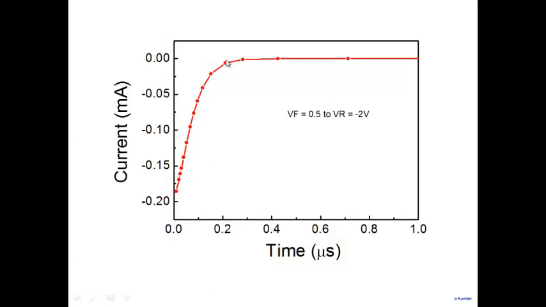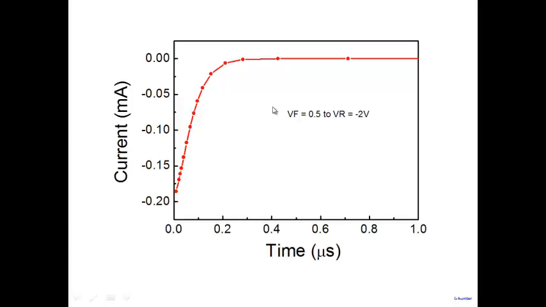And look at the transient. This transient is coming when there's no diffusion capacitance, there's no constant portion, and there's only the junction capacitance charging. And it charges in roughly less than 0.2 microsecond. So the junction capacitance is roughly charging in maybe 0.1 to 0.2 microsecond. That's the time scale here.